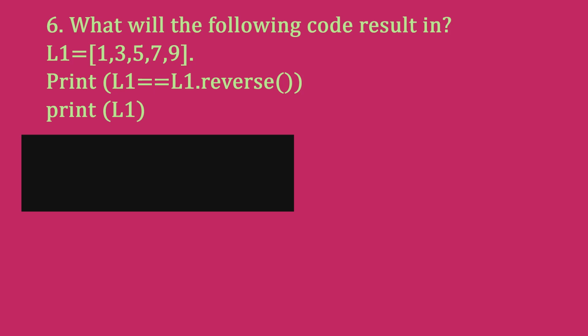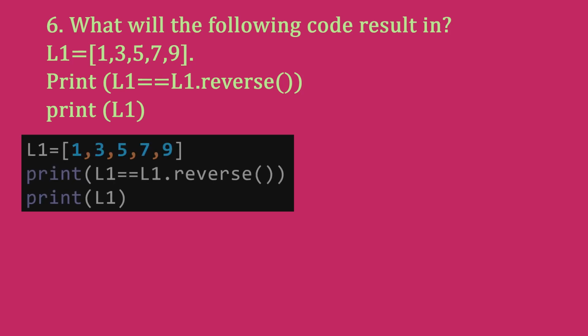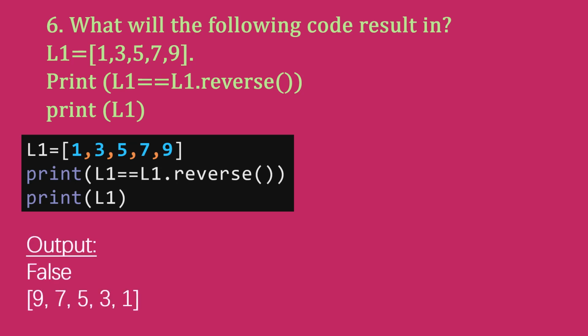If you compare these two lists, then obviously the output will be false. If you run the code, you get the output like this. The first print statement will give you false. The next print statement is L1. Here L1 is already reversed, so you can see the list in reverse order.